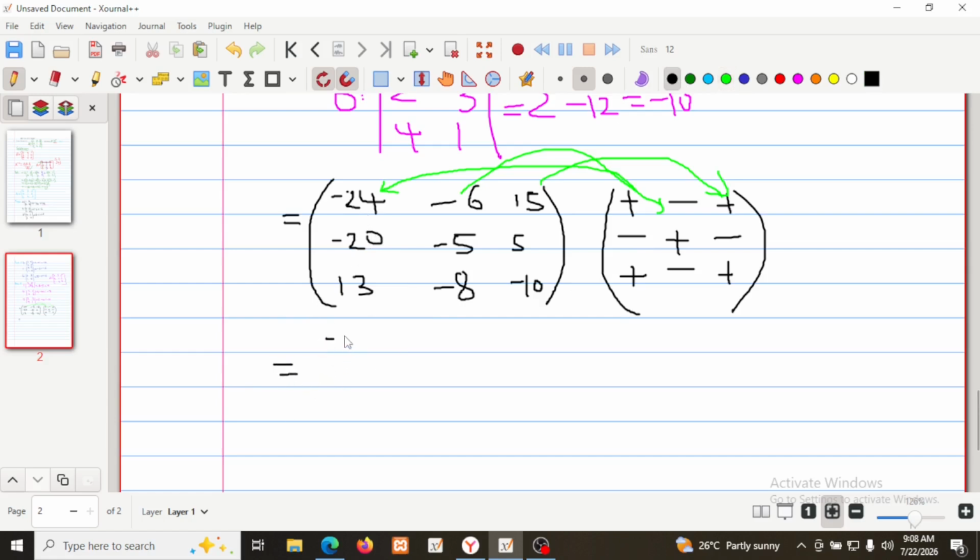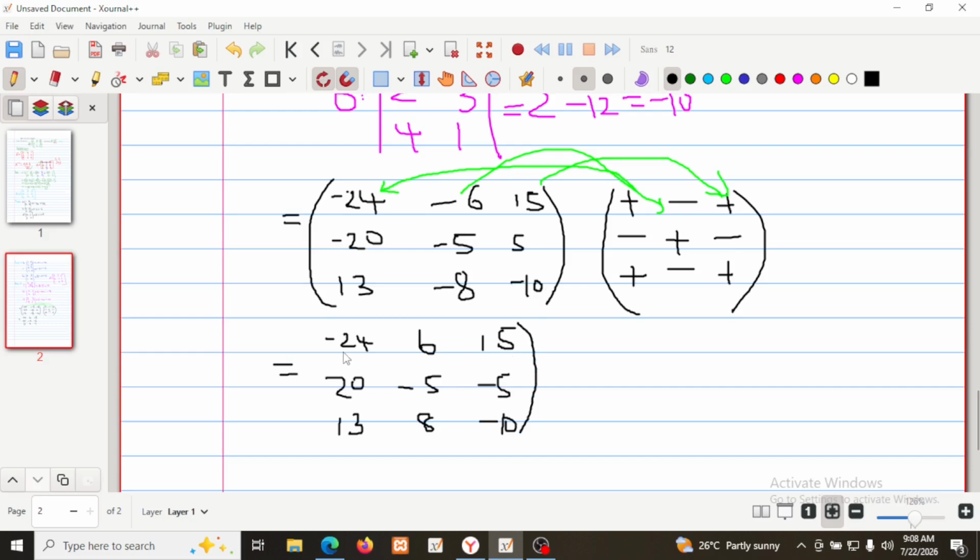negative 24, then negative 6 will give us 6, then positive 15, we have positive 15, then 20 will be affected, will be positive, negative 5 times positive is negative 5, 5 times this is negative 5, 13 is positive 13, then negative 8 is 8, then positive is negative 10.